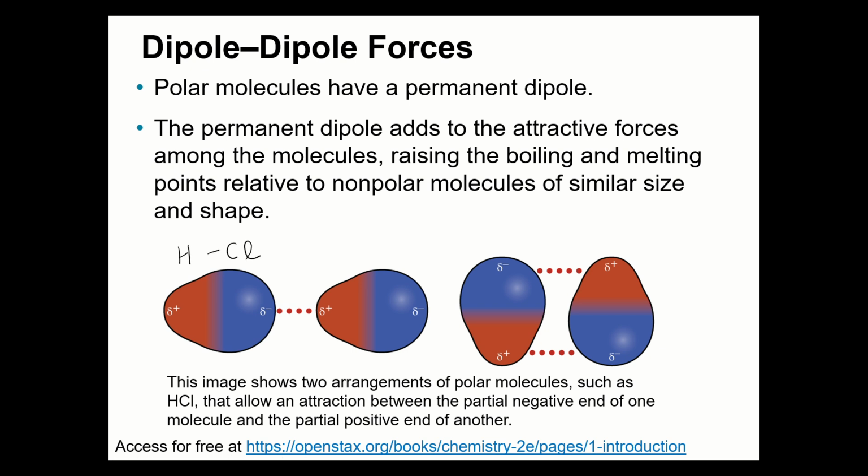This is based on electronegativities between two atoms. If the electronegativities are different enough, which they are between hydrogen and chlorine, then you have what's called a polar molecule. And a dipole-dipole force is going to occur between permanent dipoles that exist in polar molecules.